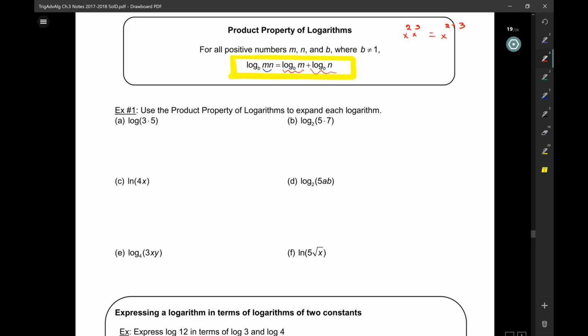So if we're taking a logarithm, if all we're doing is adding exponents, then the exponent of something multiplied is the sum of those exponents. Do you see where the formula comes from? When we're dealing with exponents, if we're multiplying powers, we add the exponent.